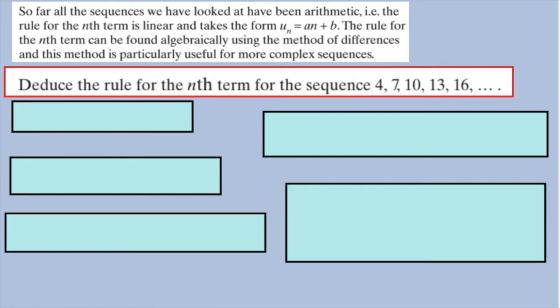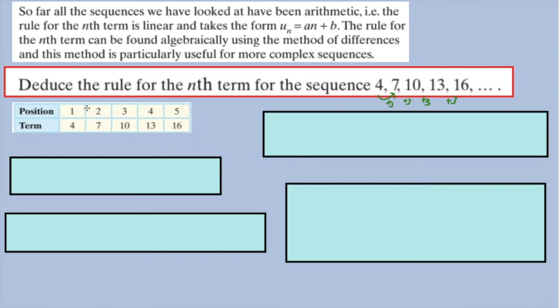So remember, an arithmetic sequence is where it changes the same every time. Well, this one is: plus 3, plus 3, plus 3, and plus 3 forever. From here we could put it in a table.